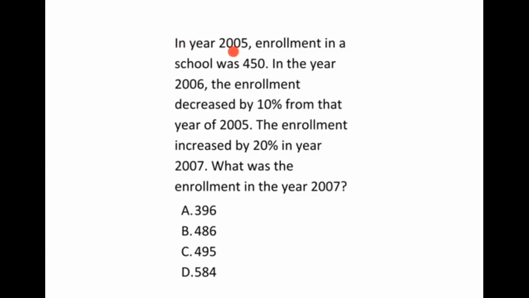In year 2005, enrollment in a school was 450. In the year 2006, the enrollment decreased by 10% from that year of 2005. The enrollment increased by 20% in year 2007.